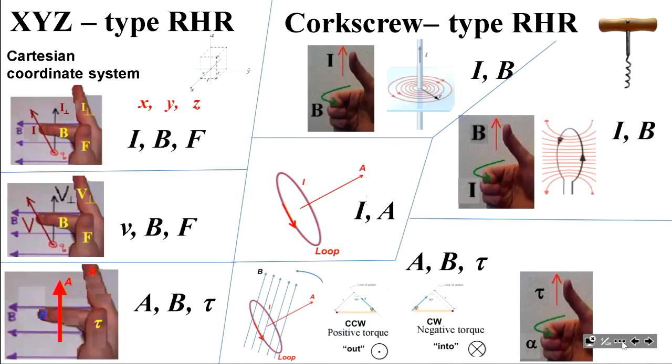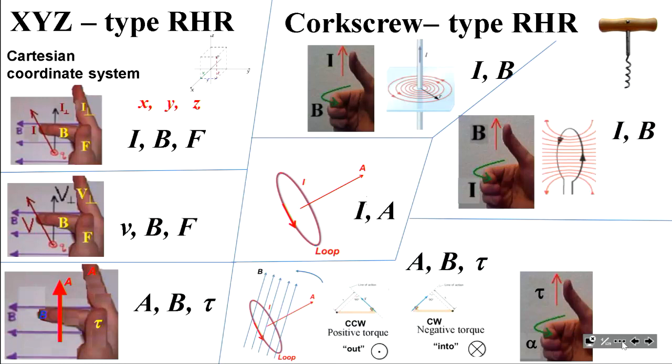So just a quick review. Force acting on a wire from magnetic field. Force acting on a charge from magnetic field. And this is the new one, but it's an old one. It's how to relate area vector, magnetic field, and torque.